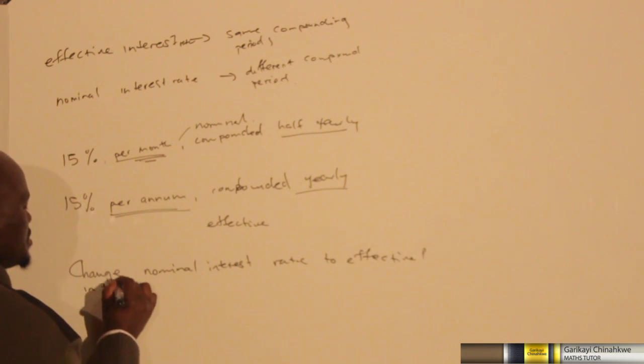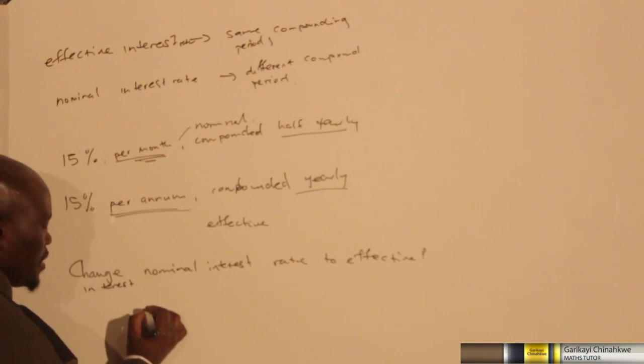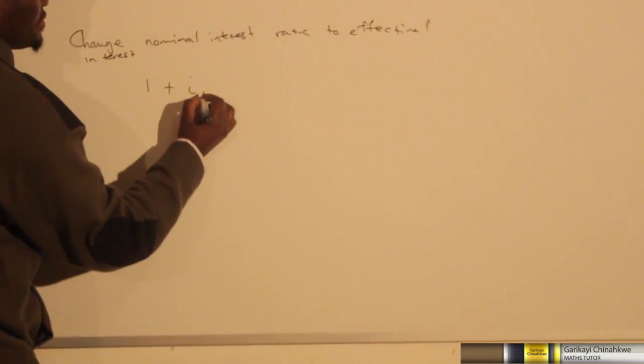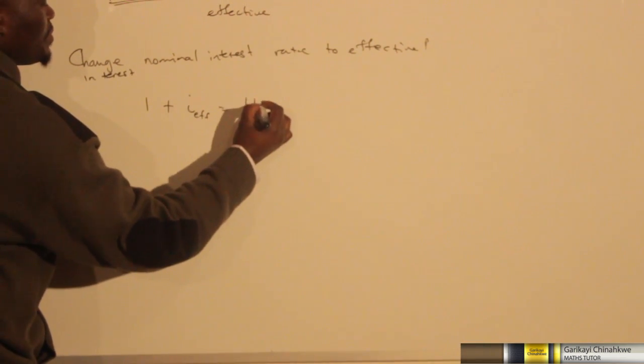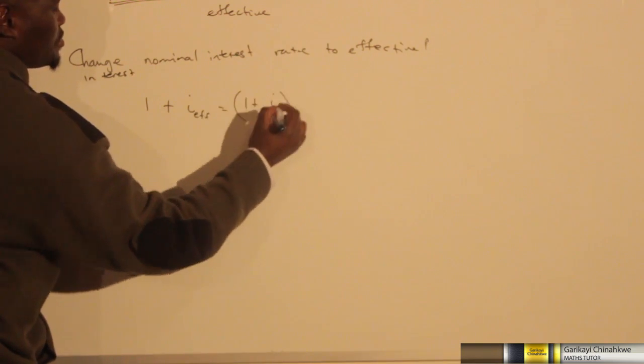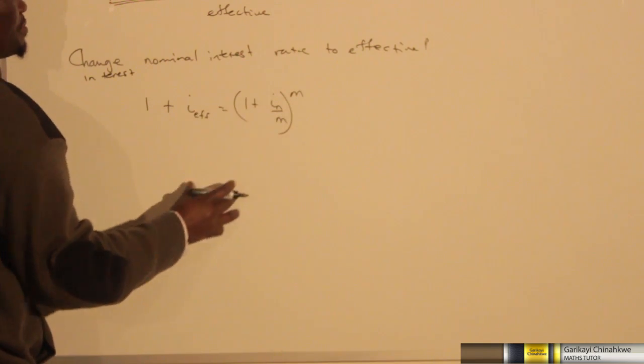How do you do that? It's very easy. You use the following formula: 1 plus i effective is equal to 1 plus i nominal over m, to the power of m, whereby m is the compounding period.